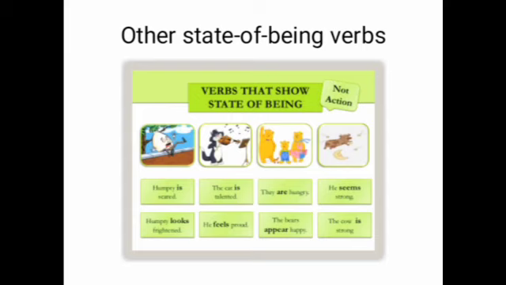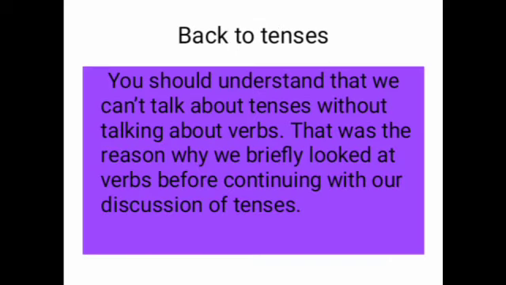When you are asked to define verbs, the verb is a word that shows action and state of being. Action verbs express action, but state of being verbs express the state of things at the moment. Let's go back to tenses.